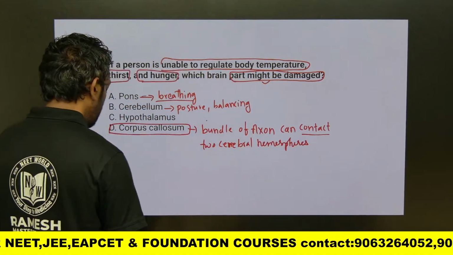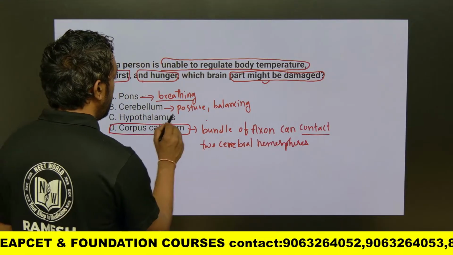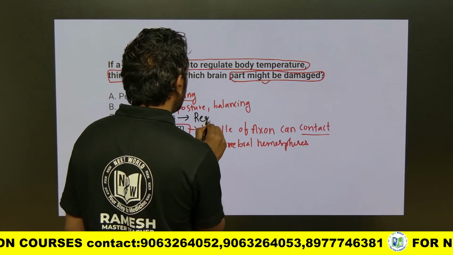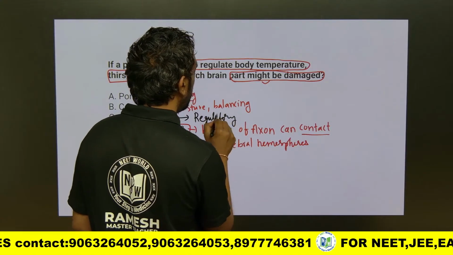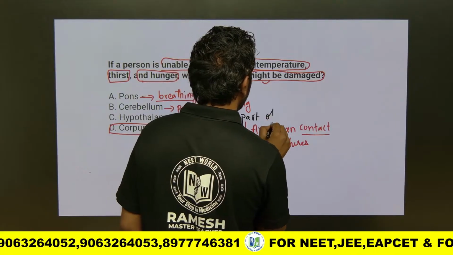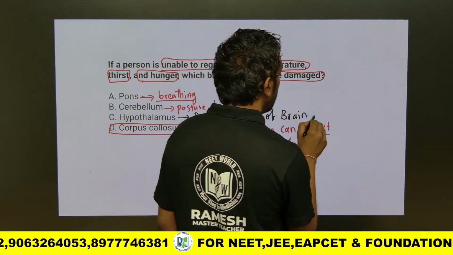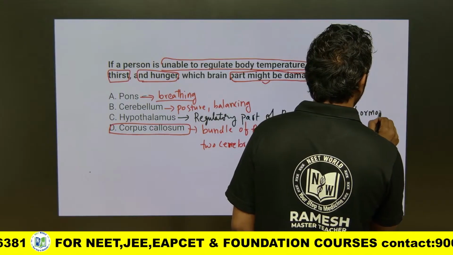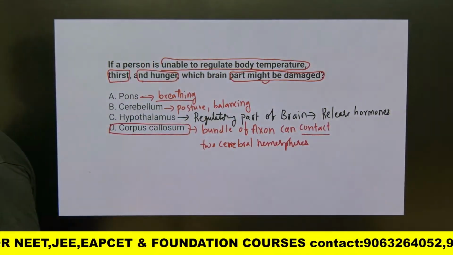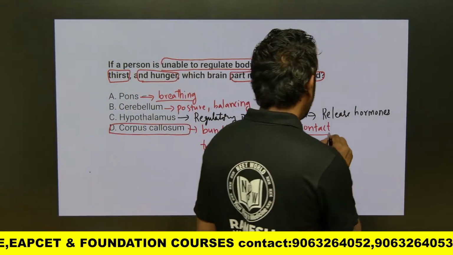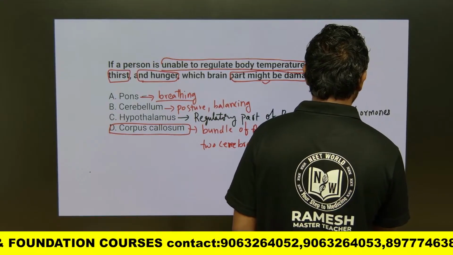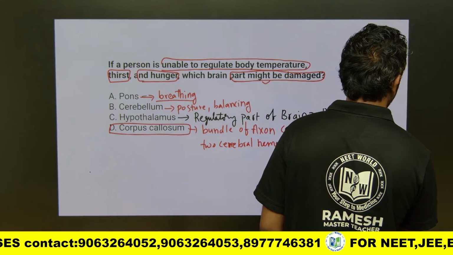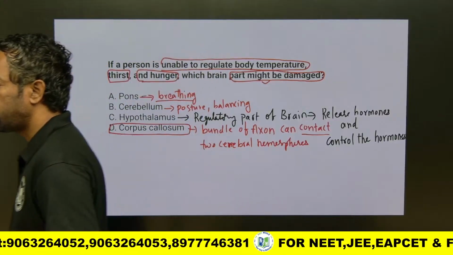Hypothalamus is the answer. If the hypothalamus is damaged, the hypothalamus is the regulatory part of the brain, it releases hormones and controls the hormones.